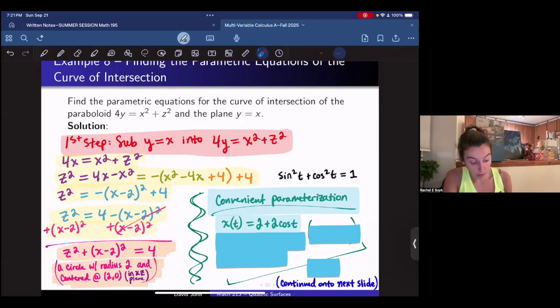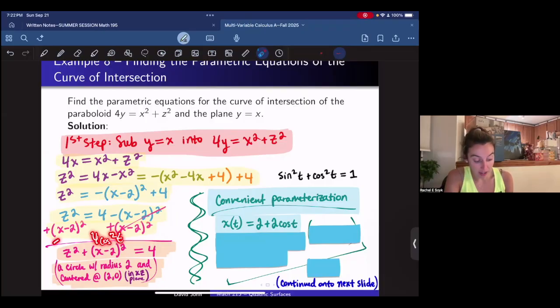And then we want to figure out what manipulation we need to do in order for it to suffice here. And so we set our x of t parameter to be 2 plus 2 cosine t, because when we plug that in over here, the 2's will cancel out, and then we're just left with 2 cosine t squared, which ends up giving us 4 cosine squared t, okay?